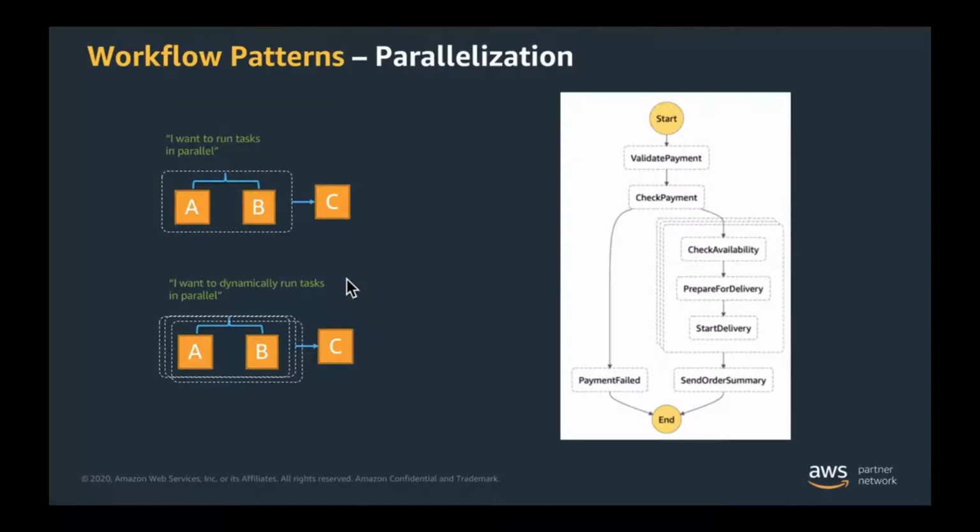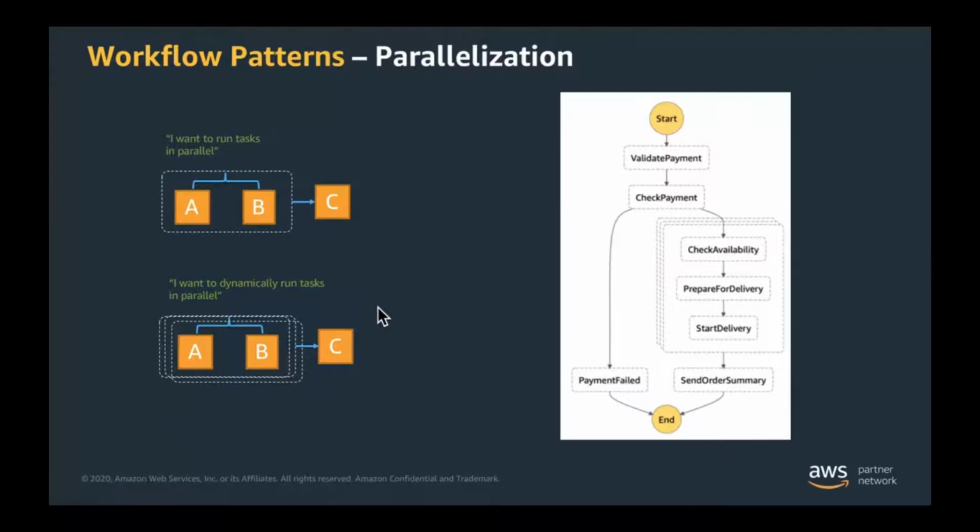A lot of customers do a lot of things in parallel. So there are two types of parallel states that we support. First is the parallel state itself, and the other is the dynamic parallelism. So we have a map state, and this is an example of a workflow that contains both of these types of states. So validate payment. If payment is successful, then you can branch here.